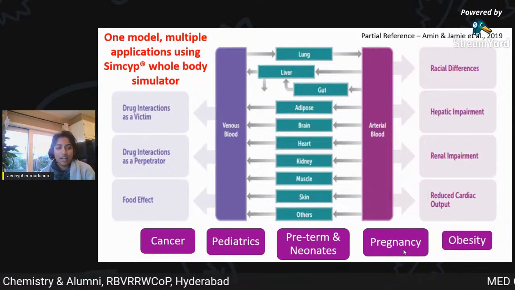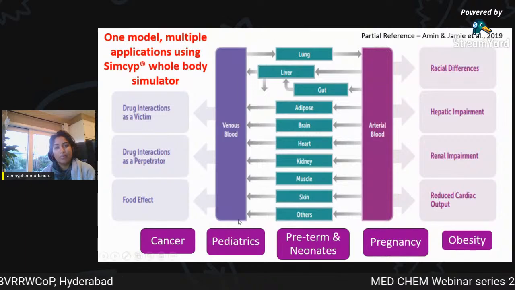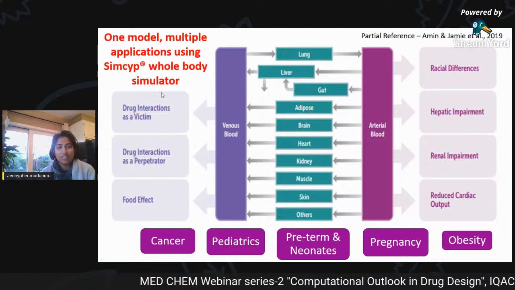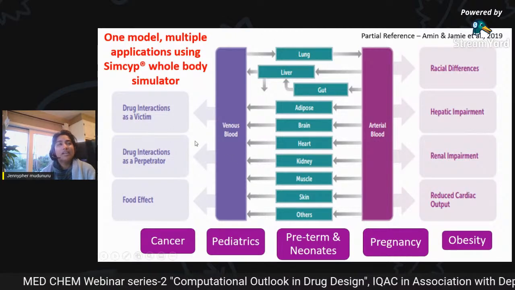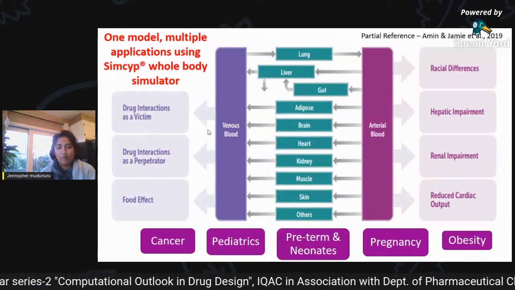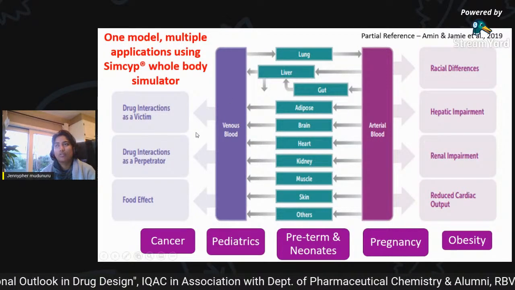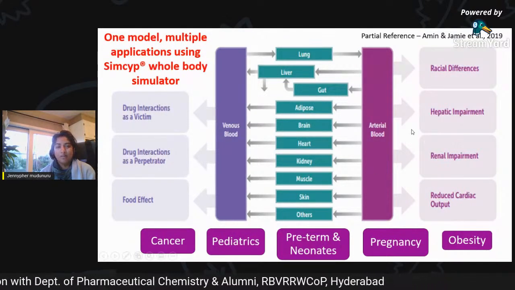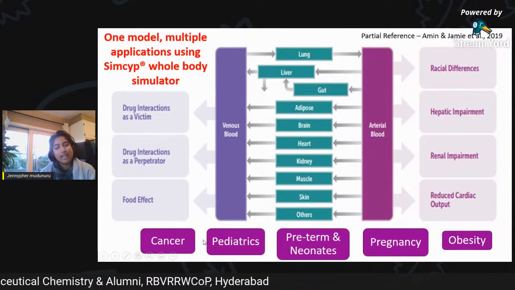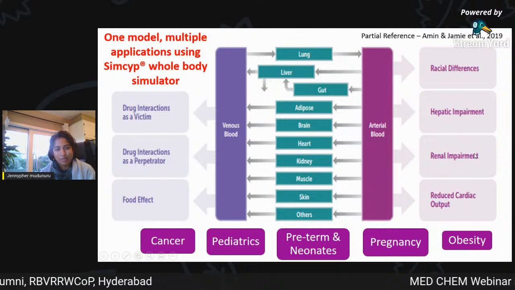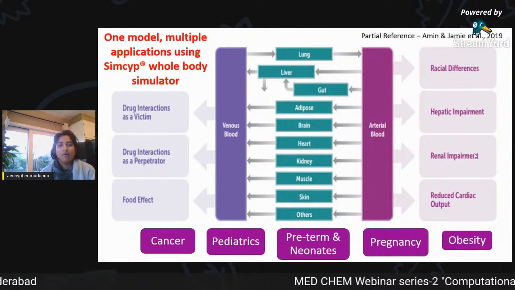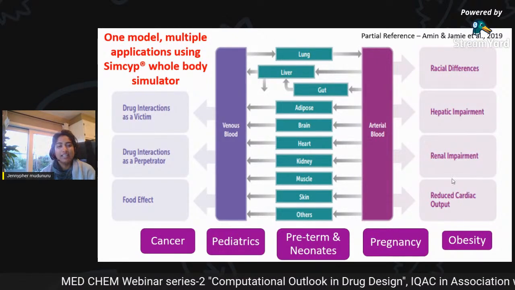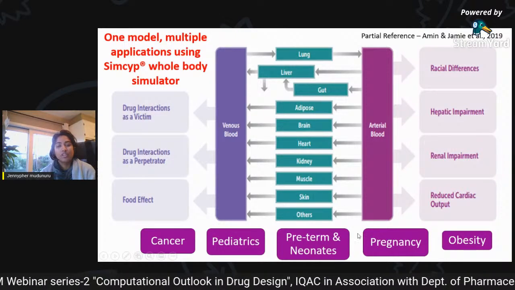There's not a lot of clinical trials that go into pediatrics, but most of these drugs may also be used in a pediatric population if they have that particular disease state. But they are not actually studied in the pediatric population before they get an approval for many compounds. So now what they're doing is they are asking us to build a pediatric model. You build an adult model and you can actually translate it into a pediatric model, and you can run simulations by dose adjustments and see what kind of exposure you might see in pediatrics or preterm populations or neonates, as well as pregnancy.